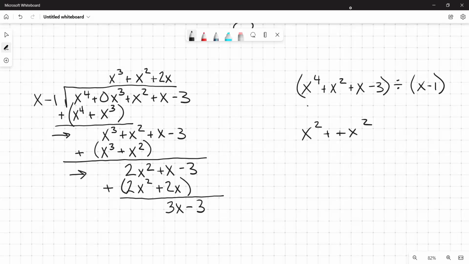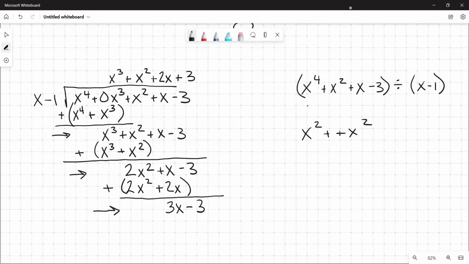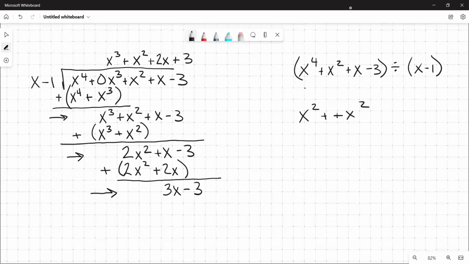So now we're dividing into this level. X goes into 3x, positive 3 times. Going to multiply. Three times x is 3x, and 3 times negative 1 is negative 3.